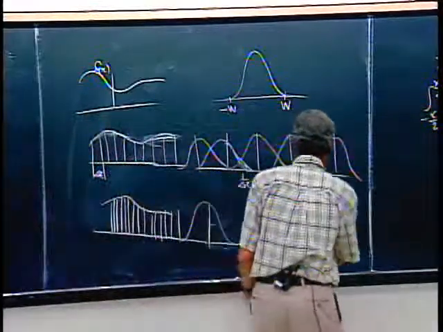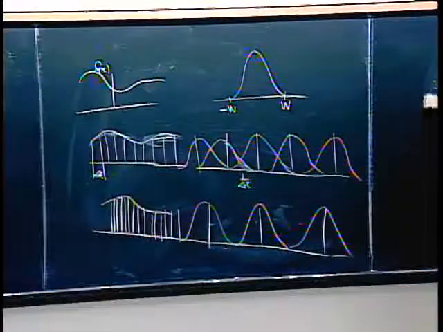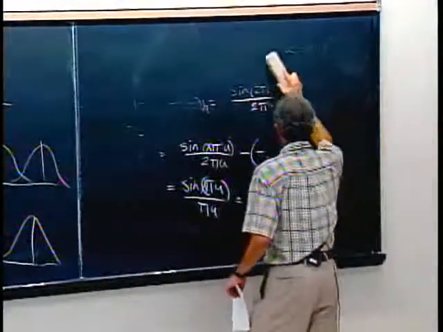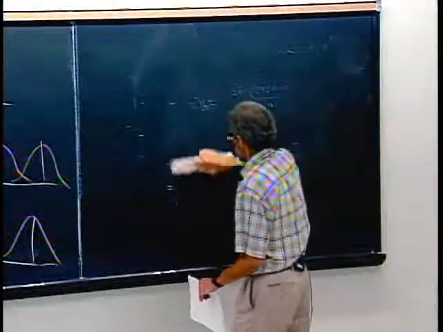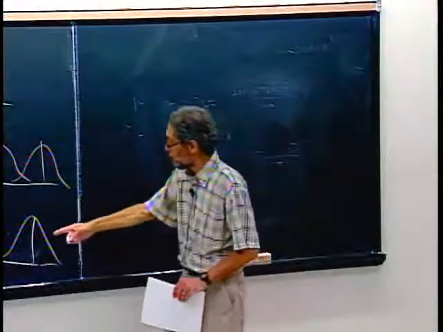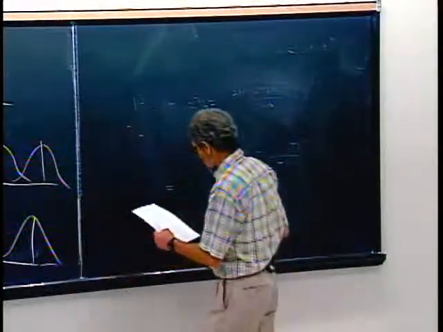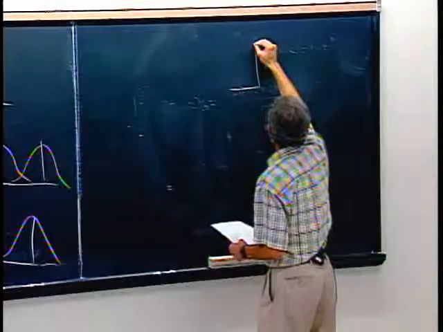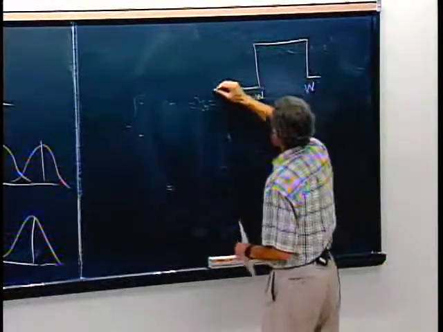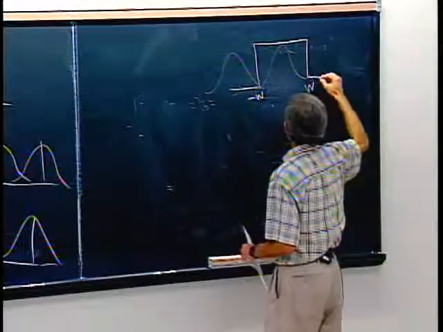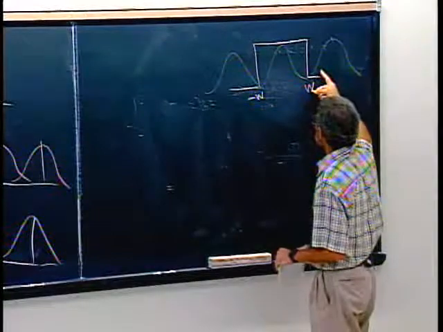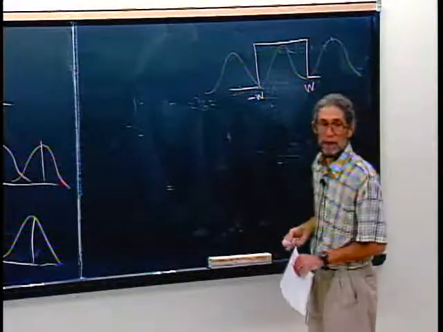Well, once I get it so that they don't overlap, then I can just pick out the middle one. And by picking out the middle one, basically I'm going to multiply this picture by a filter which goes from minus w to w. Right, so I have all these other copies. But when I multiply these, I'm just picking out the middle copy.